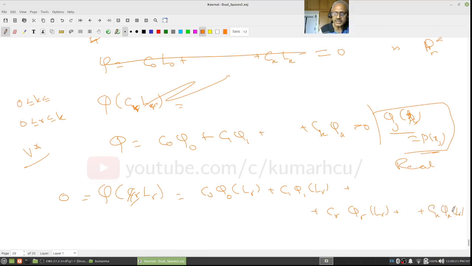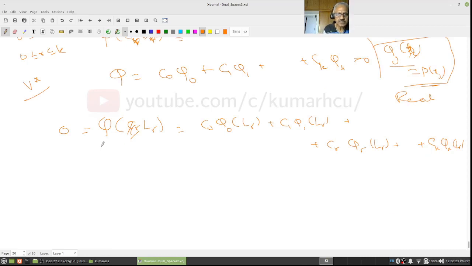Do you understand this? Because this is linear. But remember, what is phi0 of Lr? That is Lr at x0. Next one is Lr at x1. And here it will be Cr times Lr of xr. The last one will be Ck times Lr at xk.